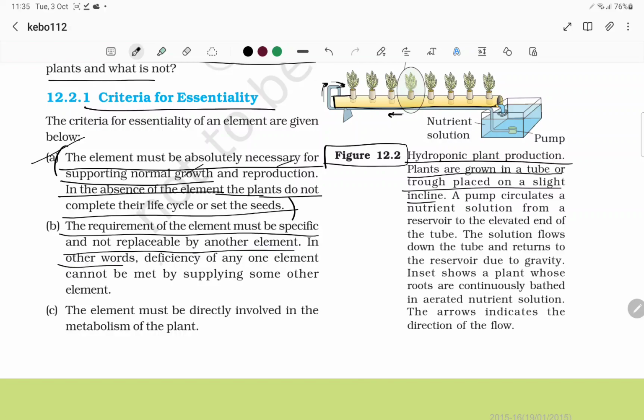In other words, deficiency of any one element cannot be met by supplying some other element. So it has to be its own, showing an unambiguous role.